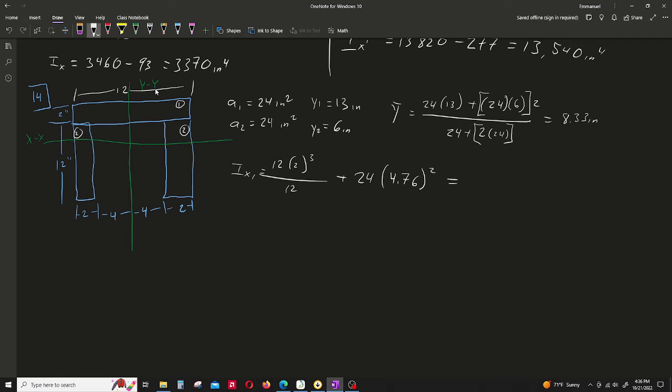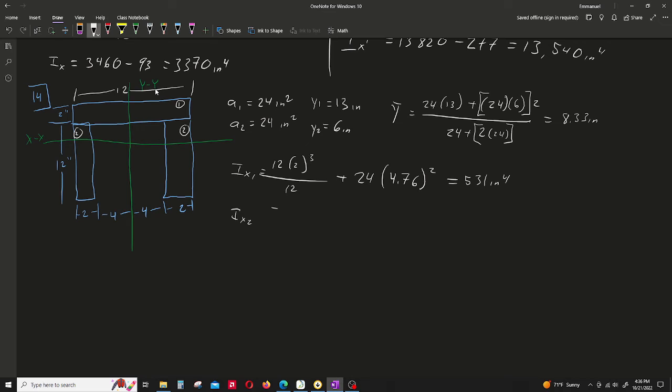Once you have the y distances, you just basically subtract them to find how far away from each other they are for the xx axis, for y1 and y2. That's how you get d. And this is 531 inches to the fourth.